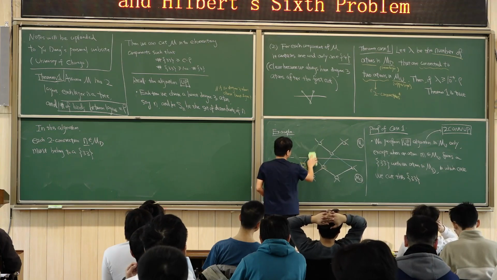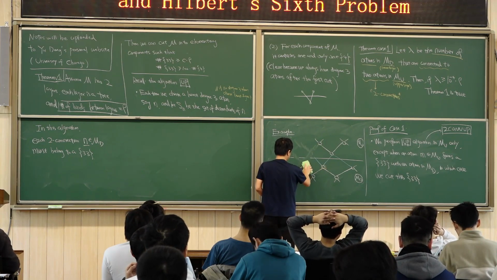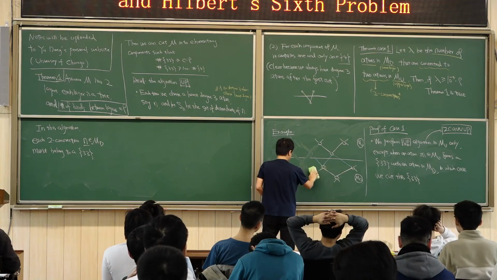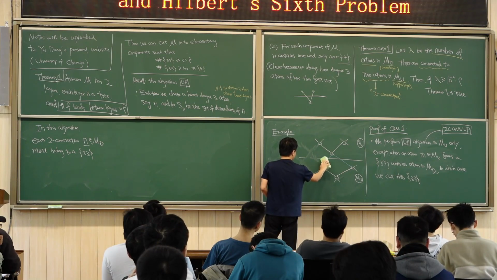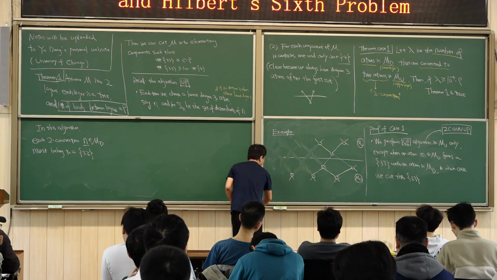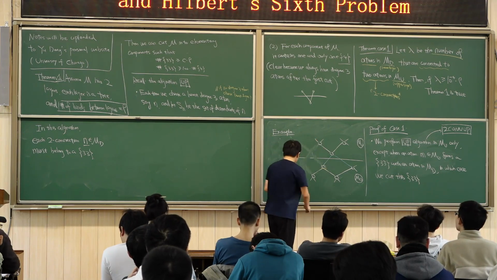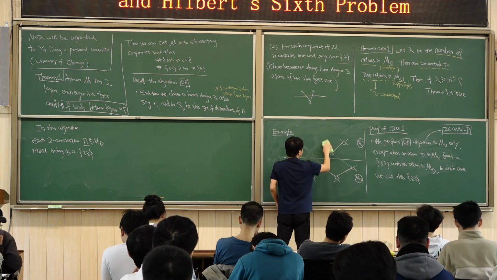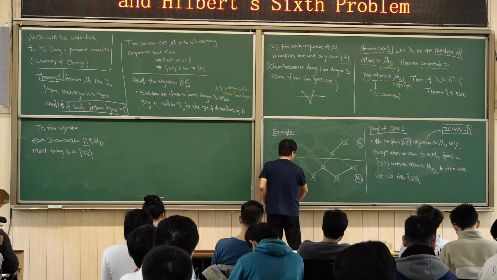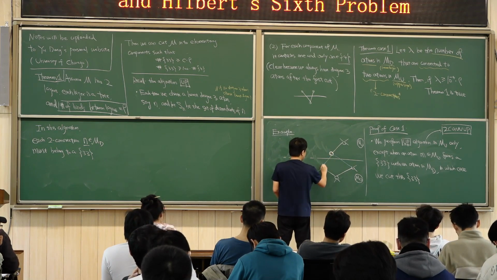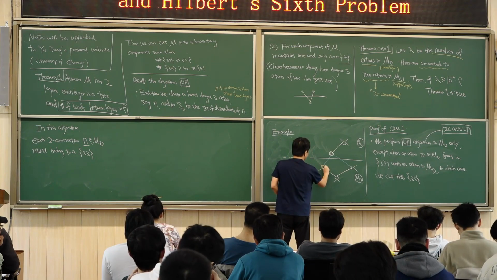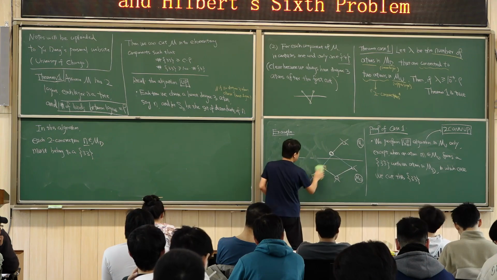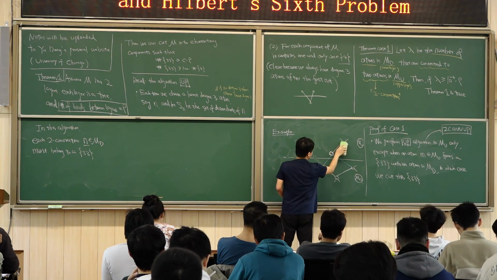Then we remove it, and you can keep going on. This is lower degree 3, you cut it, this becomes degree 3, this becomes degree 3, and again we cut them together.